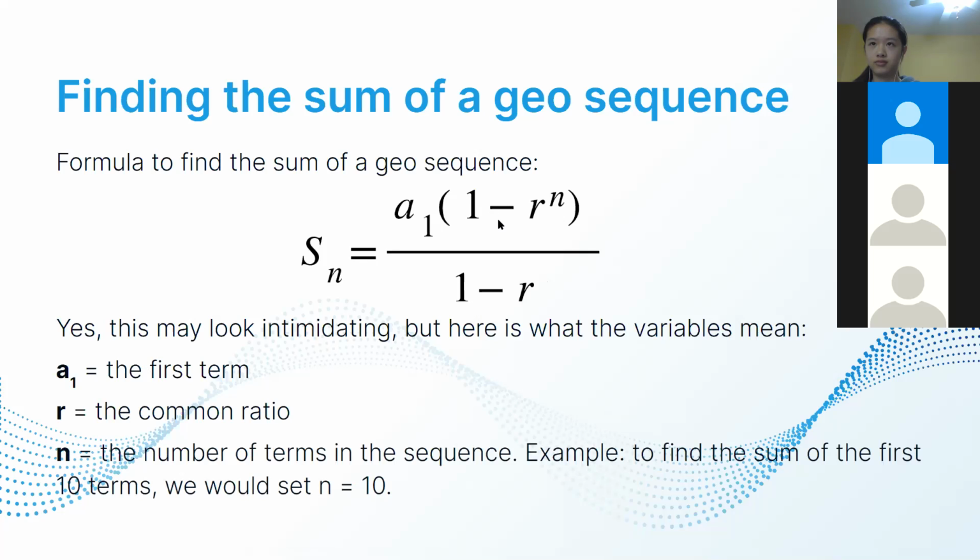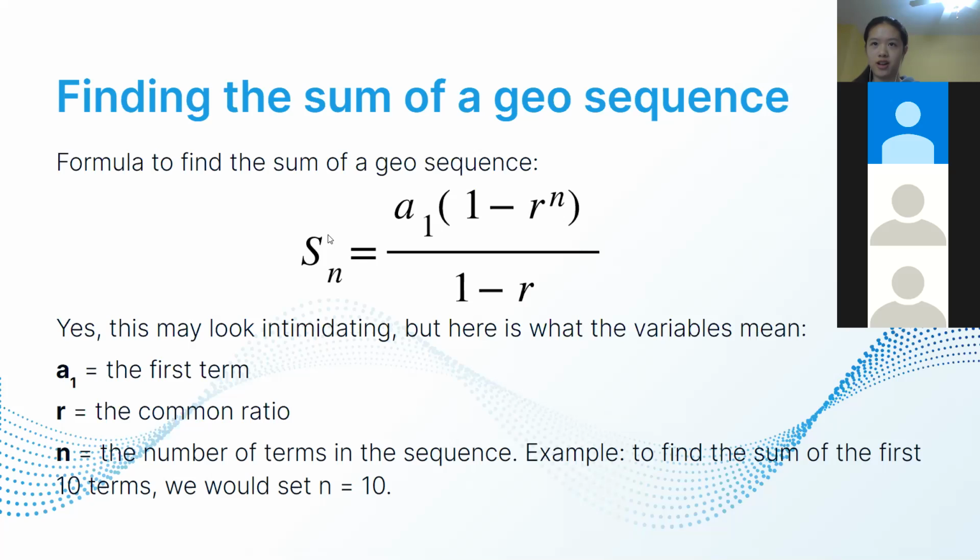But the only difference is the R is being raised to the power of N in the numerator, and it's not in the denominator. So all you have to do is remember, I have an A1, the first term, multiply it by 1 minus R to the power of N, and then divide it by just 1 minus R. It might look intimidating at first, but once you practice it more and more, it will be pretty simple.